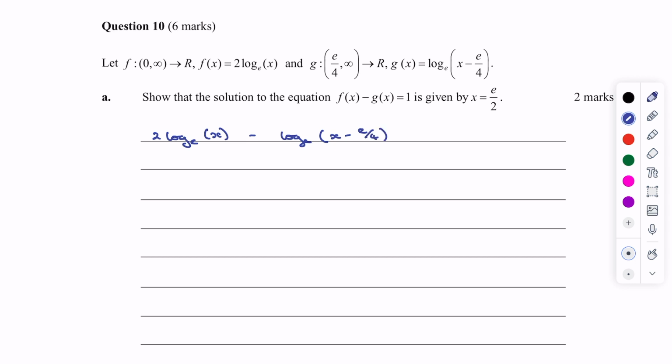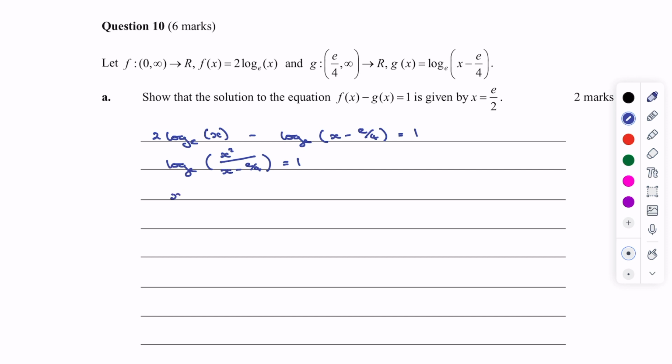And then I'm going to apply my logarithmic laws here. So if I apply my logarithmic laws, I get log e of x squared, and because I'm subtracting it, I can divide it by x minus e on 4. And we're saying that this all equals 1.